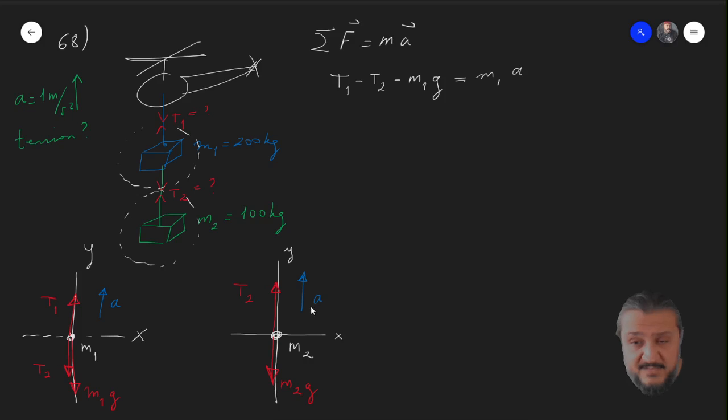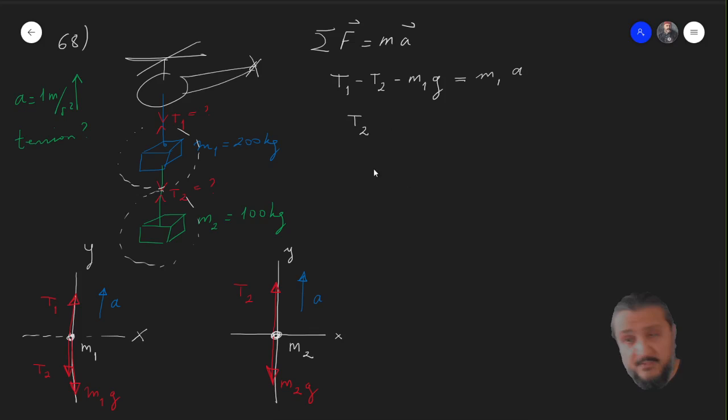From the second free body diagram, what do I get? T2, which is up now. In this case, for M2, T2 is pointing upward. For M1 it was pointing downward, that's why I put it with a negative sign, but for this free body diagram on the right, T2 has a positive sign, it's pointing up.